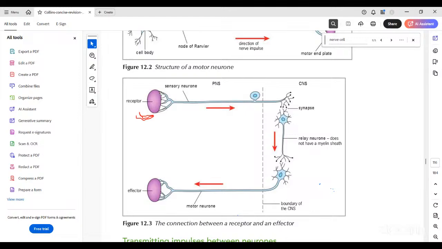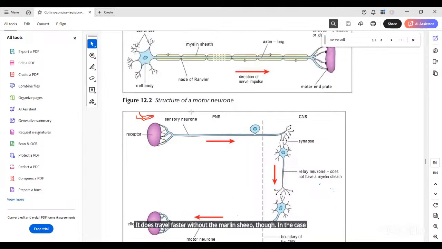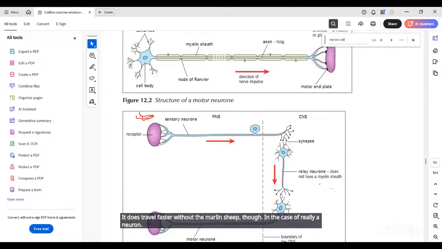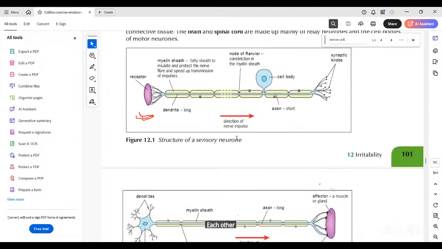Okay. It does travel faster without the myelin sheath, though. In the case of a relay neuron, it travels faster without it.